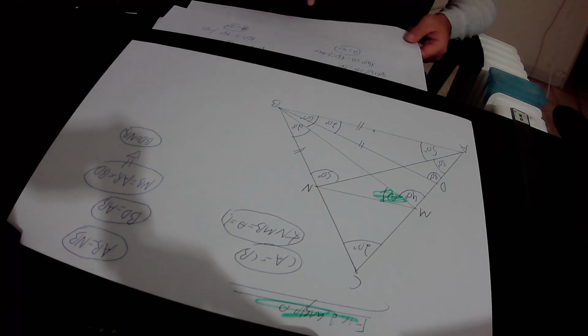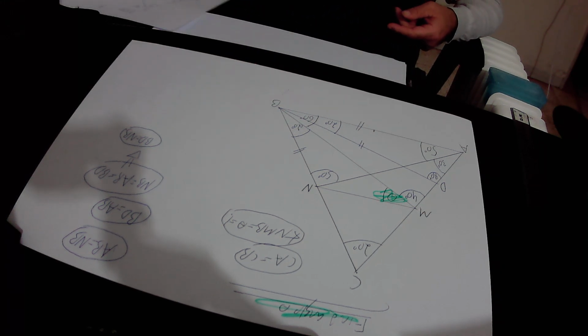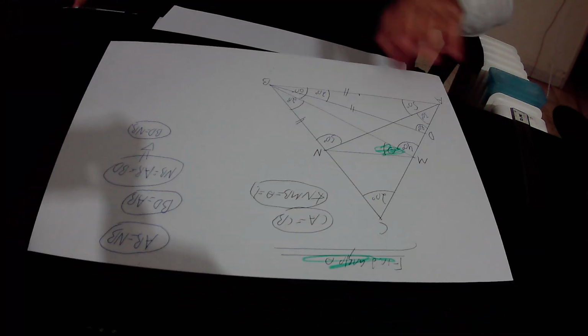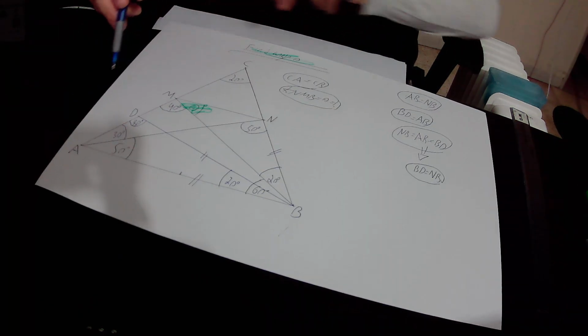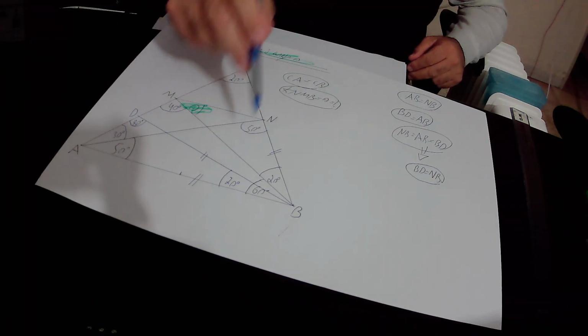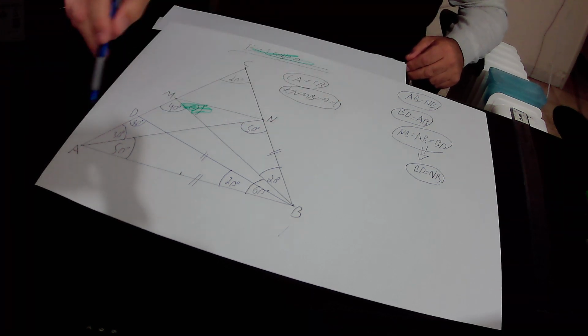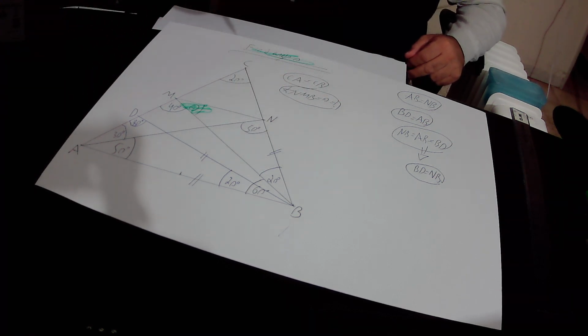So in this triangle, the small angle here is angle ABD that is equal to 20 degrees in size. The big angle is angle MBA that is equal to 60 degrees in size.